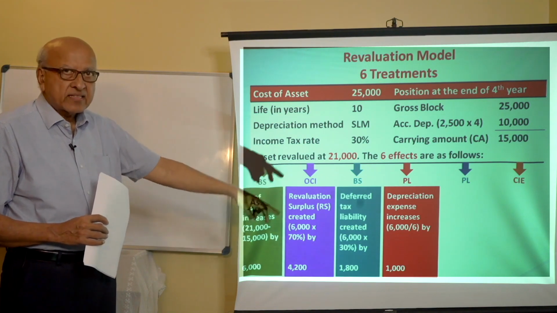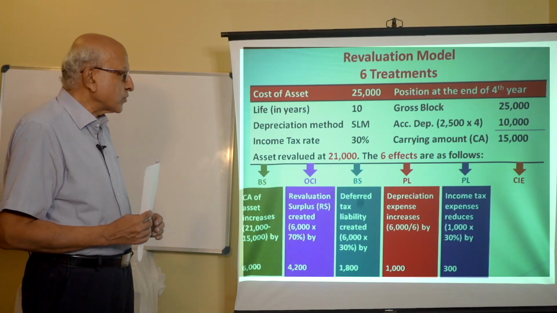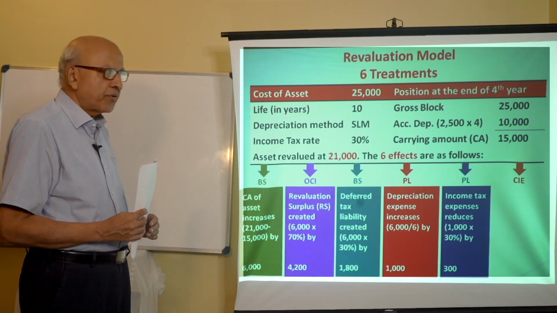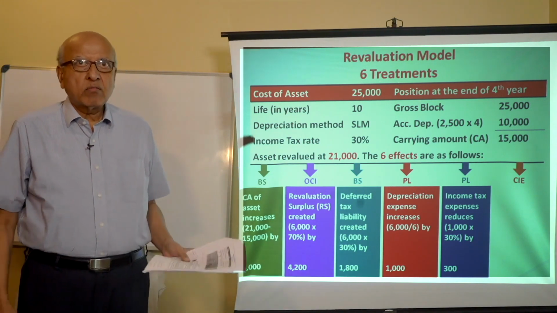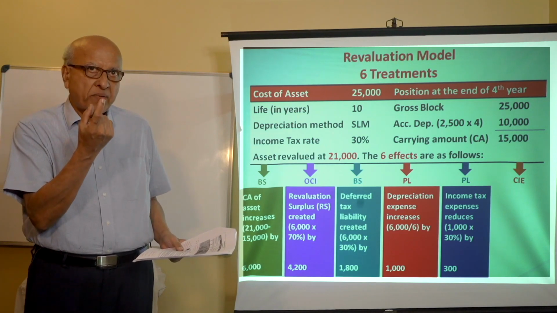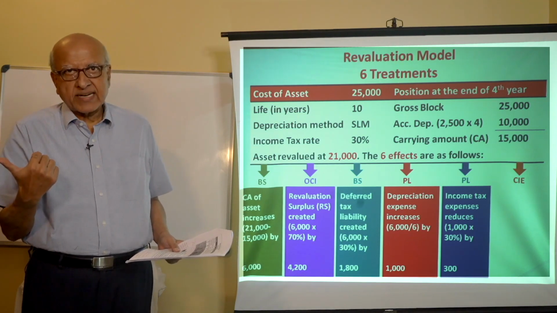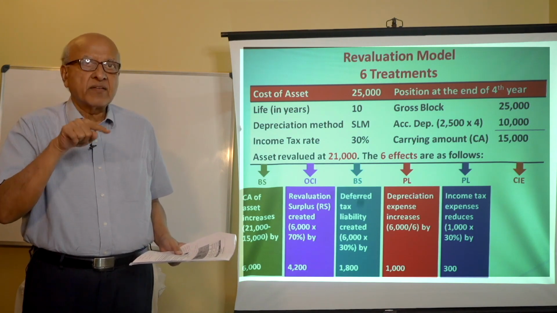What is the effect? Income tax expense reduces by 300. As we know, expense 1,000 rupees, income tax rate 30%, my actual expense is 700.